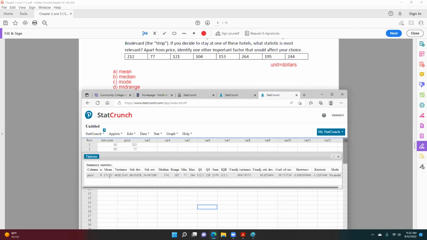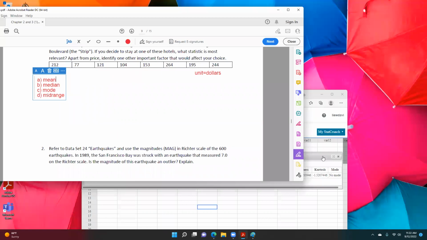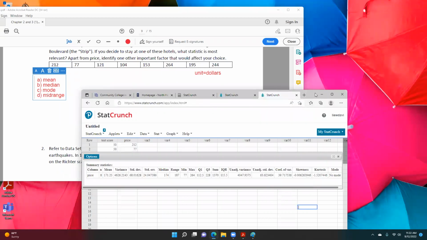So the mean in this case is 171.25. If you want to put a dollar sign, you can. I'm going to make this so you can see it on both ends. This is what happens when you teach in Zoom.